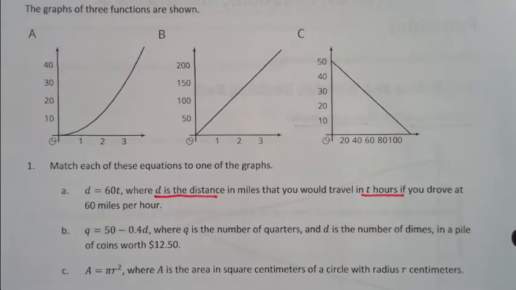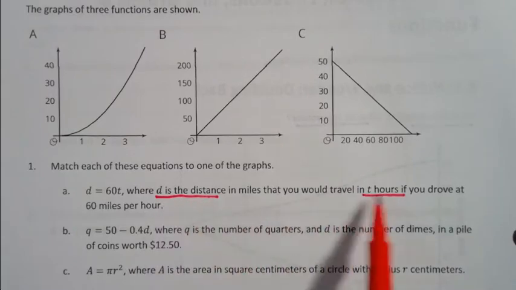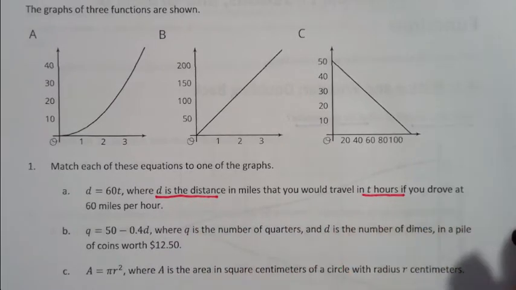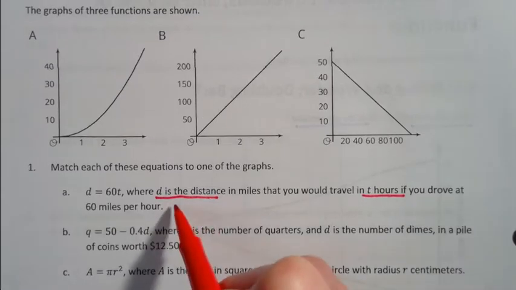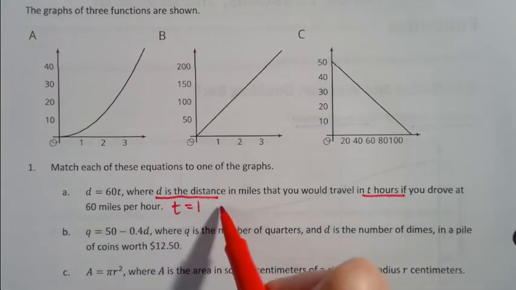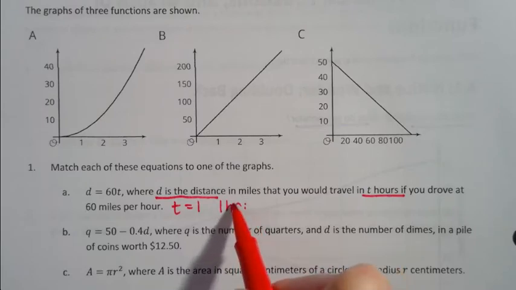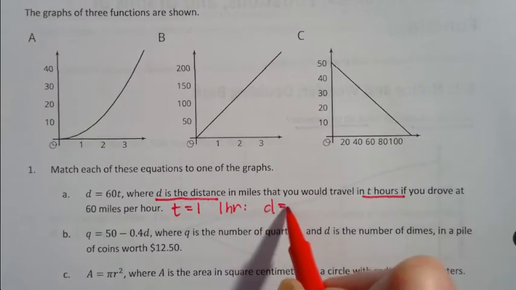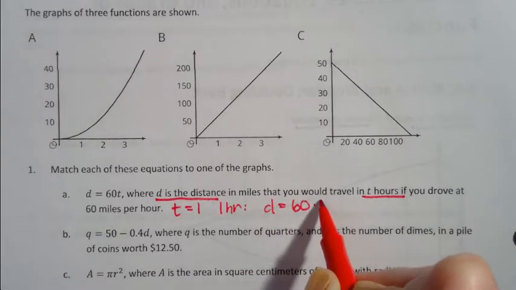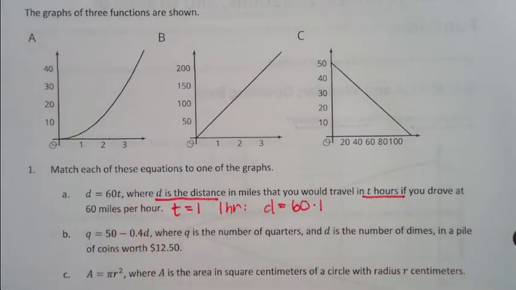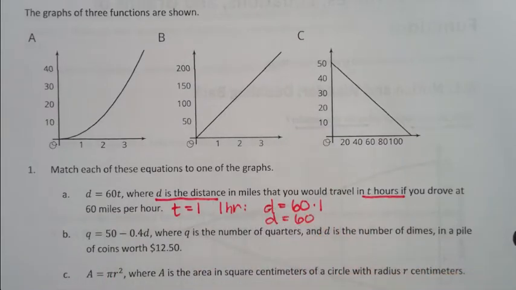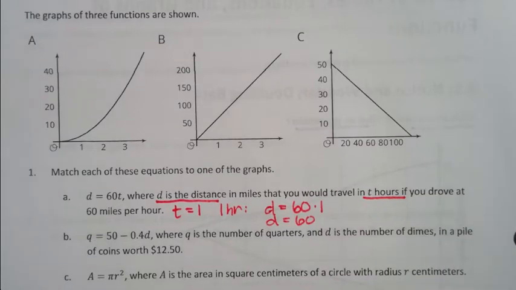So if we think about this is distance as we travel with hours. As our hours get bigger, our distance also gets bigger, right? So if t equaled 1, that's 1 hour, right? If t equals 1 and that's 1 hour, my distance would equal 60 times 1 instead of 60 times t, right? So that means my distance would equal 60. So we can look on this graph.